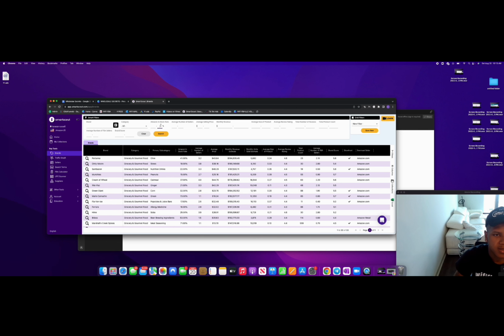So, Amazon in stock rate, I always put this at 15% maximum, okay? Average number of sellers, that does not matter for us because the only competition we look at is FBA sellers, okay? Average selling price. Now, if you have a reasonable budget, a normal budget, you can do $5 to $20.